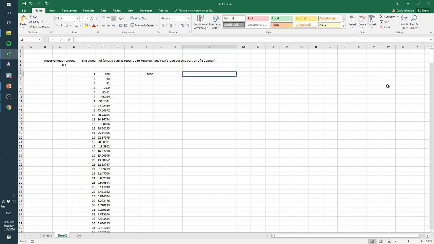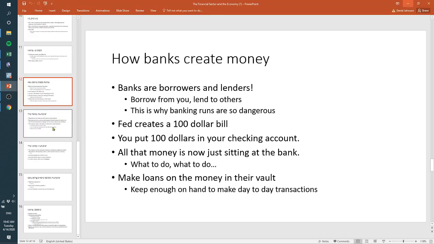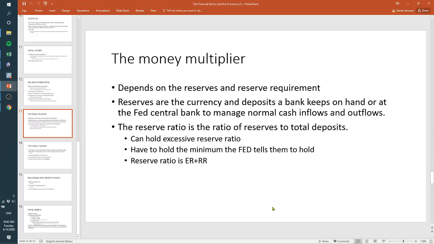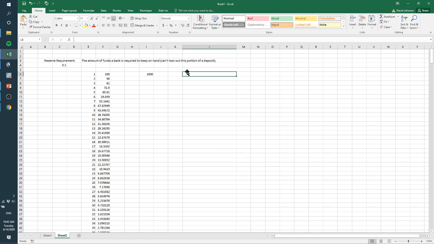And this gives us the formula for the money multiplier. The simple money multiplier is just going to be equal to 1 over the reserve requirement.